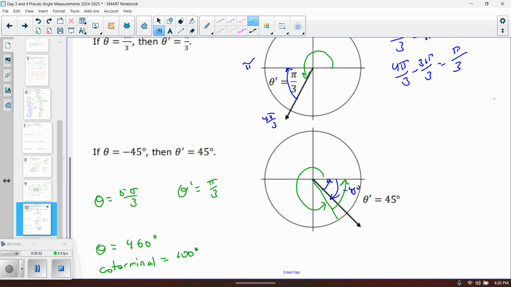So now I know that 100 degrees, well, that's just past 90, right? 100 degrees would be about right there. And then the difference between 100 degrees and 180 is 80 degrees, which is very much like the first example that we just did. So theta prime would be an 80-degree angle.